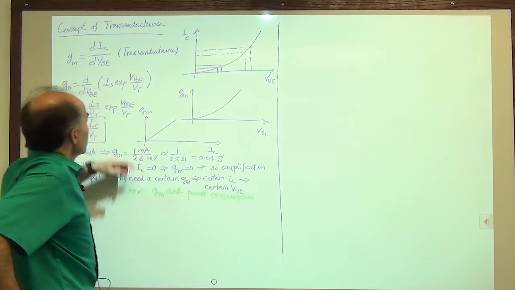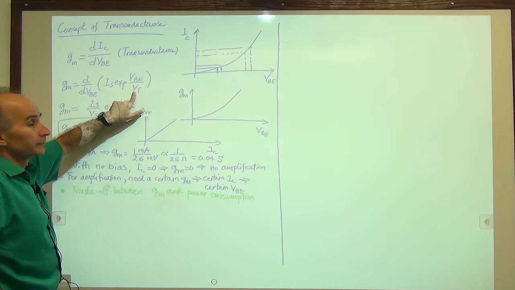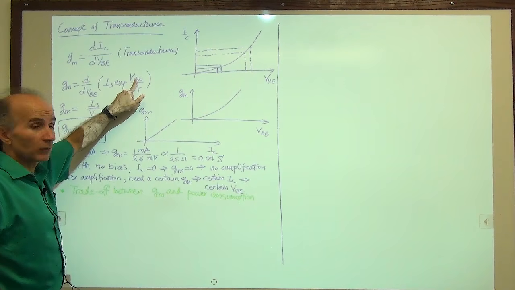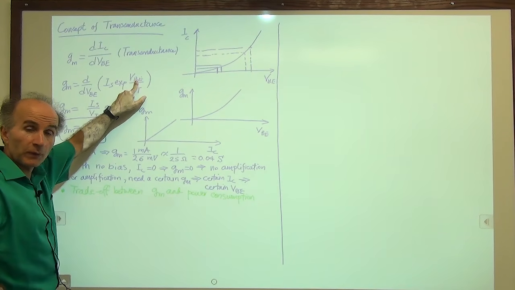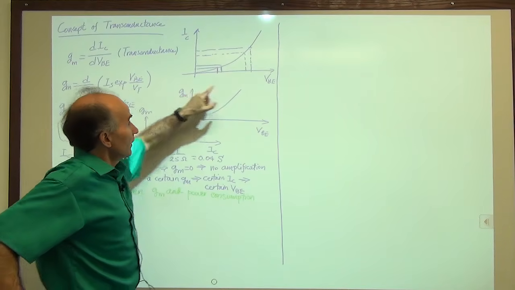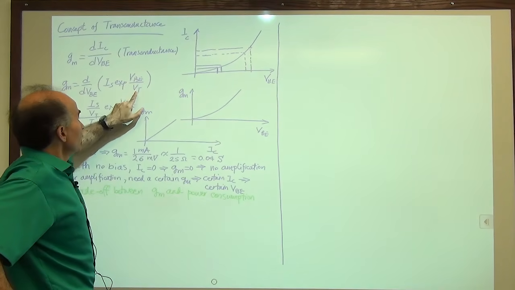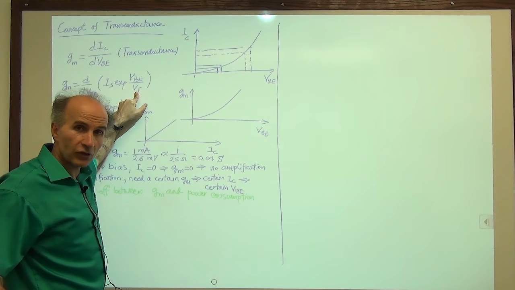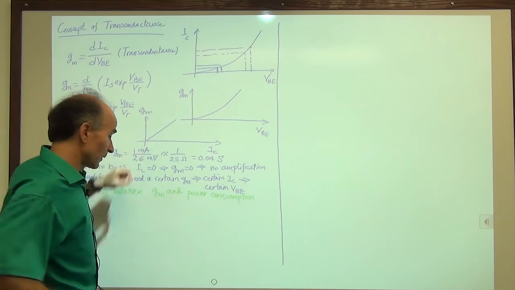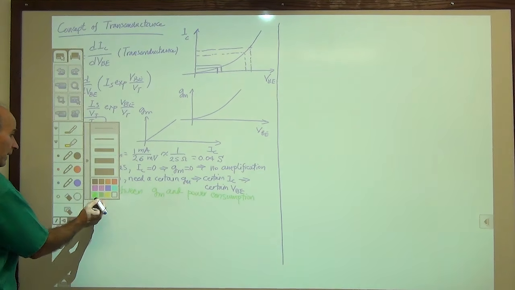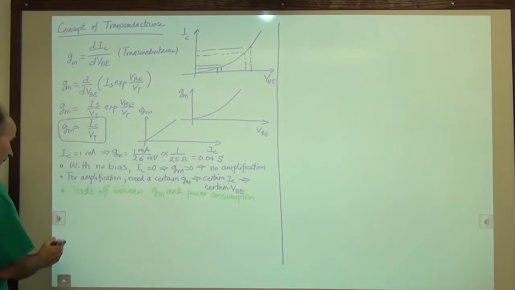Well, it all goes back to this VT that we have here. So, for the change in base emitter voltage to be considered small, for example, this increment to be considered small, this change has to be a small fraction of VT. So that's also a good rule to remember because it often comes up in our calculations.